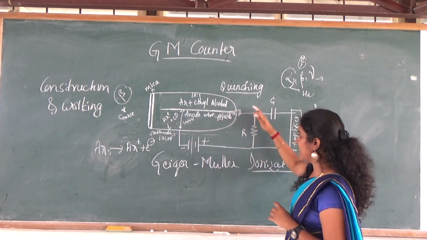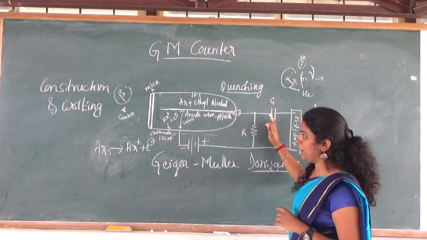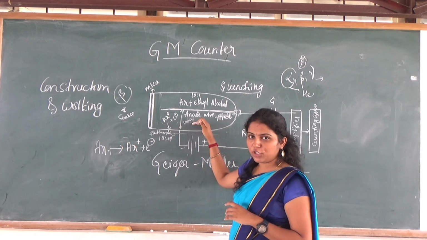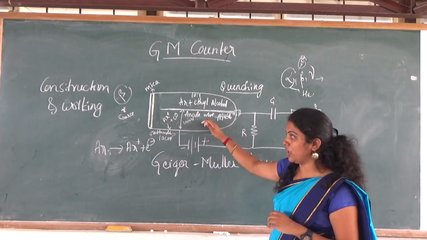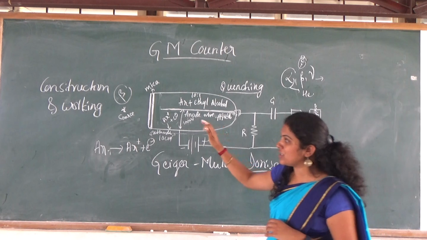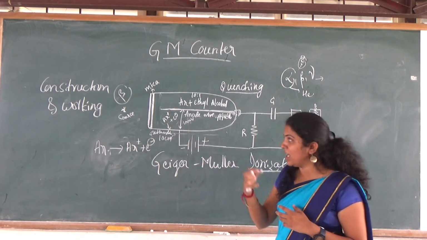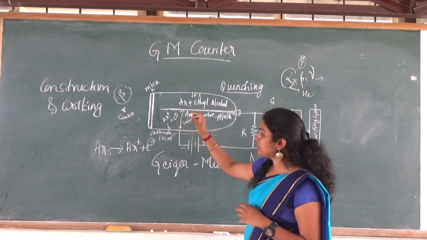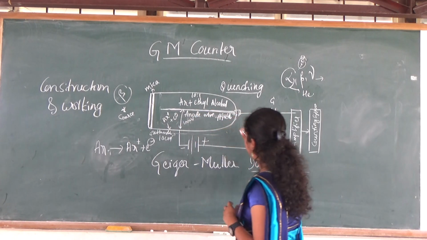Because of that, there is a count at the output. This count depends upon the amount of ionization occurring here, and that depends upon the input radiation, how much radiation is coming inside the tube. So the ionization leads to the count.